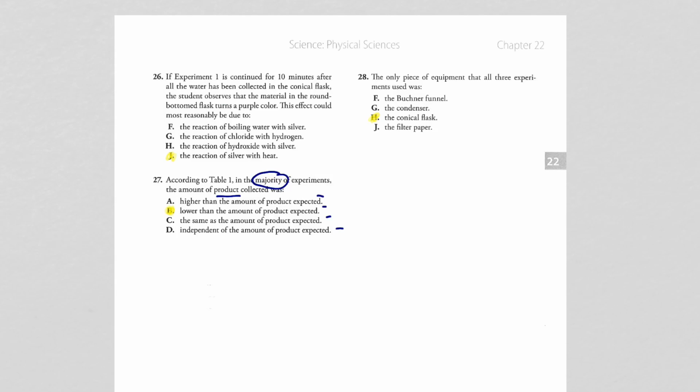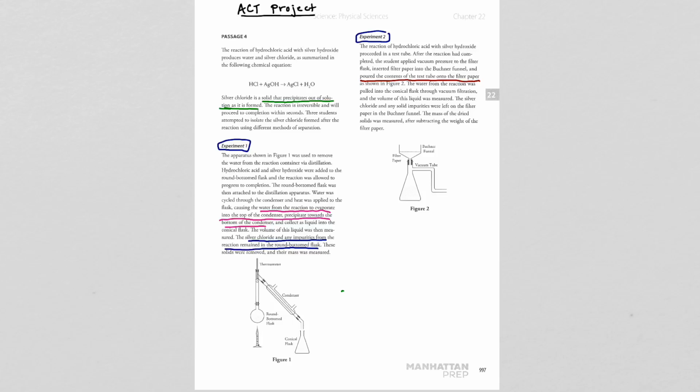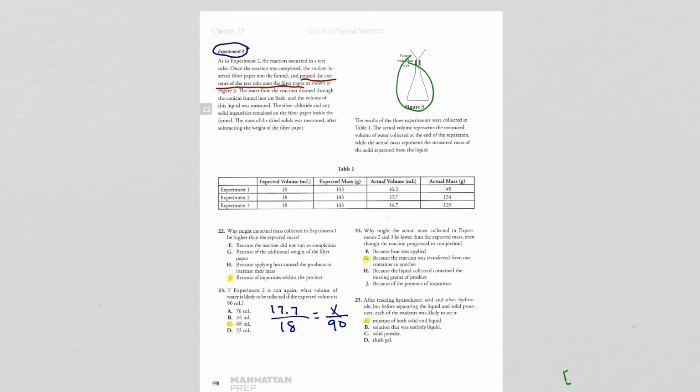Question 28 is pretty straightforward. The only piece of equipment that all 3 experiments used was the conical flask, which is the answer. But let's take a look at each diagram. If we look at figure number 1, we see the conical flask. In figure number 2, we see the conical flask. And then if we look at experiment number 3, we also see that.